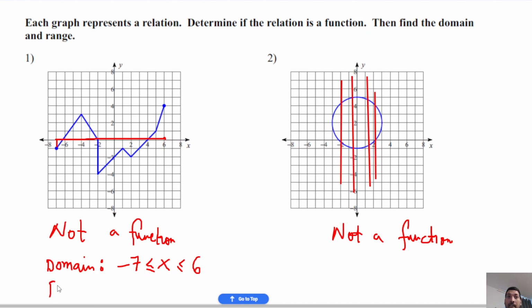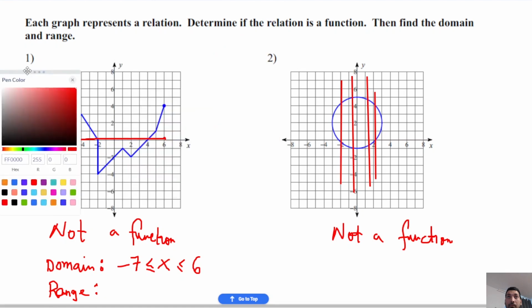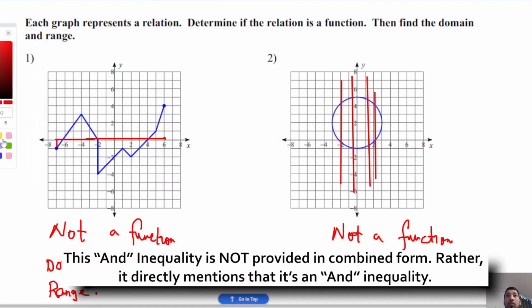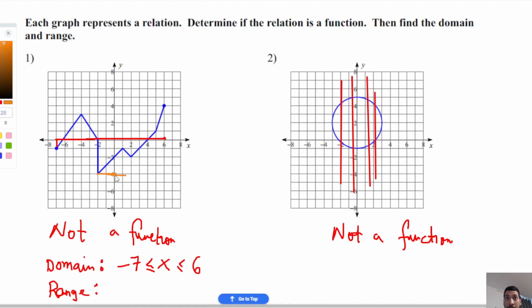Now the next thing is range. Range is the set of values on the y-axis. So on the y-axis, we can see that the lowest value is starting from here and is going all the way right here, because that's the point of this position.